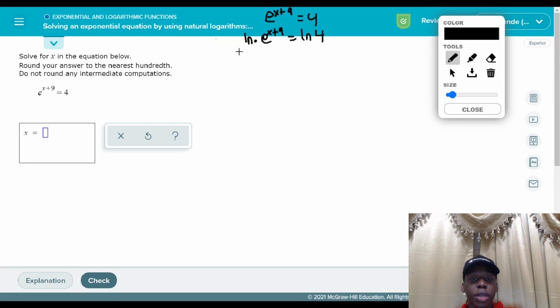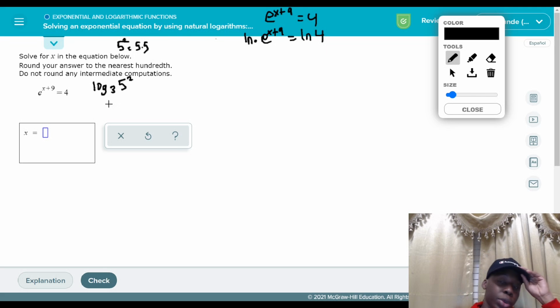And based on logarithm functions, that has to do with exponents. So I'm going to give you an example now. Let's say we have a question like log base 3 of 5 squared. In normal circumstances, if you're given 5 squared, it's basically saying 5 times 5. But in this case, we're not going to do that.